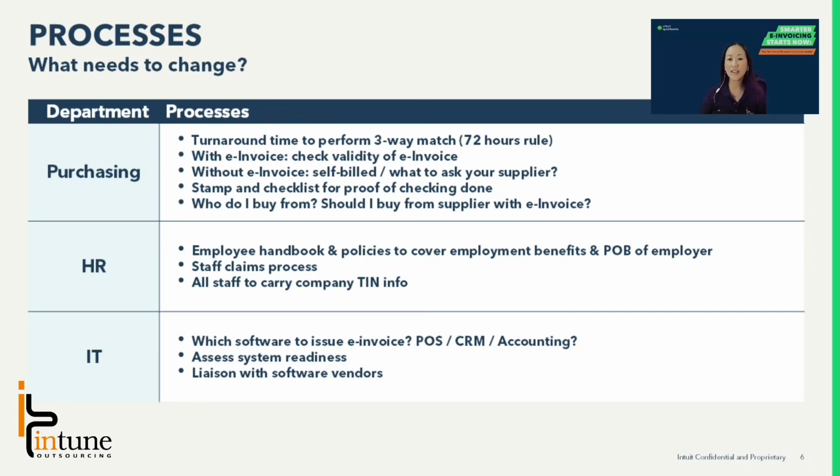It's definitely your employee handbook, making sure that your employee handbook has the policies to cover employment benefits and payment on behalf of the employer. There are 3 steps: as much as possible, staff are required to get an e-invoice in the company's name to the extent possible, failing which, get an e-invoice in the name of the employee, and failing which, you've got to get a receipt or an invoice like what you have usually done.